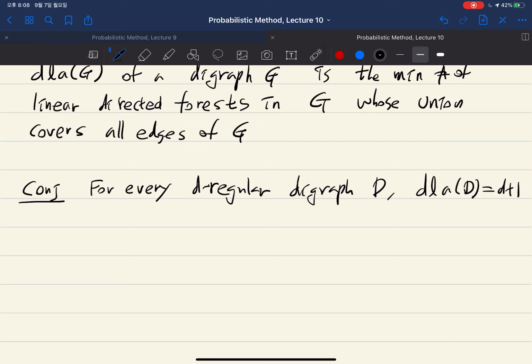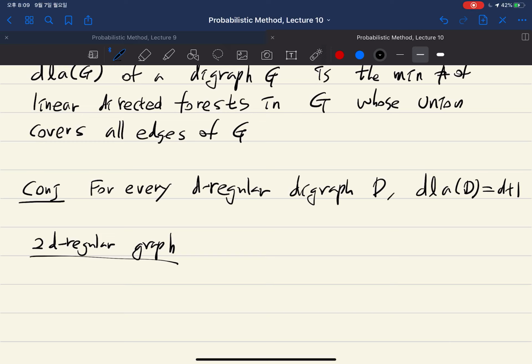One notice is that if you have a 2d-regular graph, then every vertex has even degree, so you can find an Euler circuit.